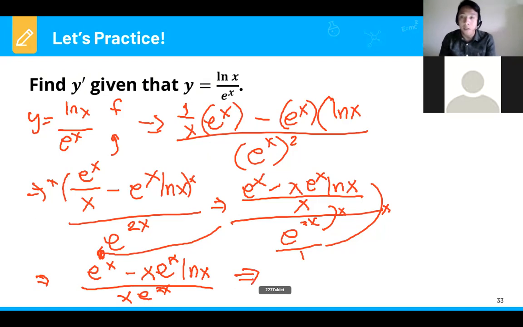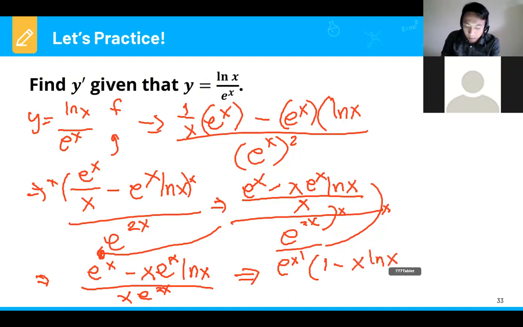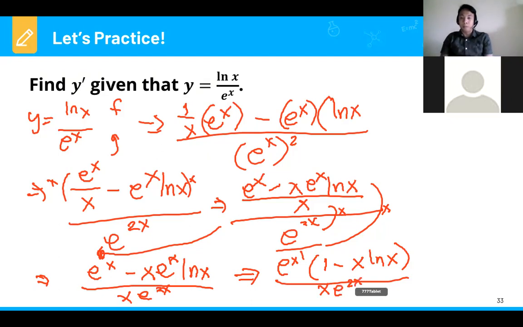And then, for the final simplification, ilalabas ko si e raised to x dun sa taas. Okay? So, e raised to x. So, sa loob, ang natira na lang is 1 minus x ln x. Tama? All over x e raised to 2x.